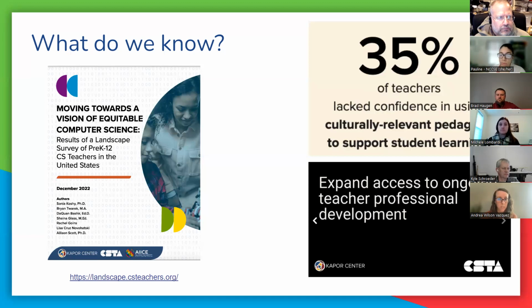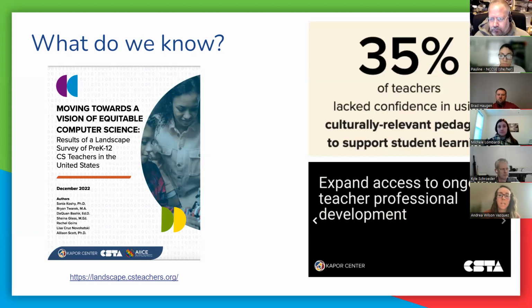And the other thing that teachers identified is that they really wanted additional access to ongoing teacher professional development. And that just brought us back to that Digital Promise report that talked about how effective coaching is when paired with teacher professional development. I'll drop a link to that report in the chat too, in case you're interested in digging in to some of the other results.